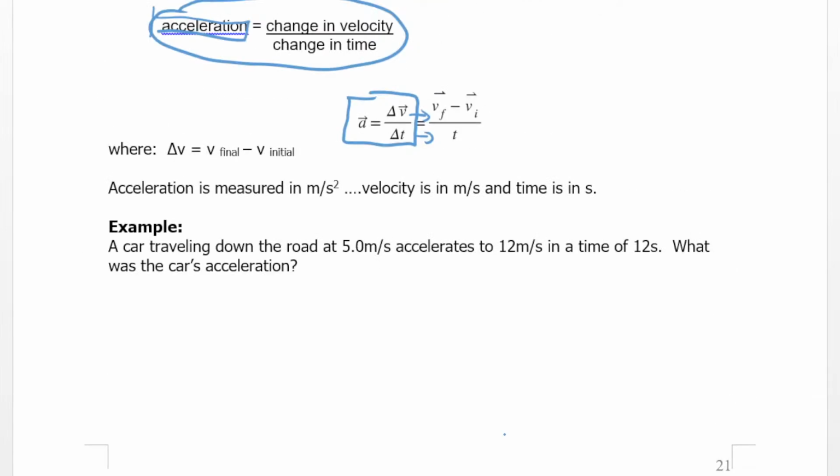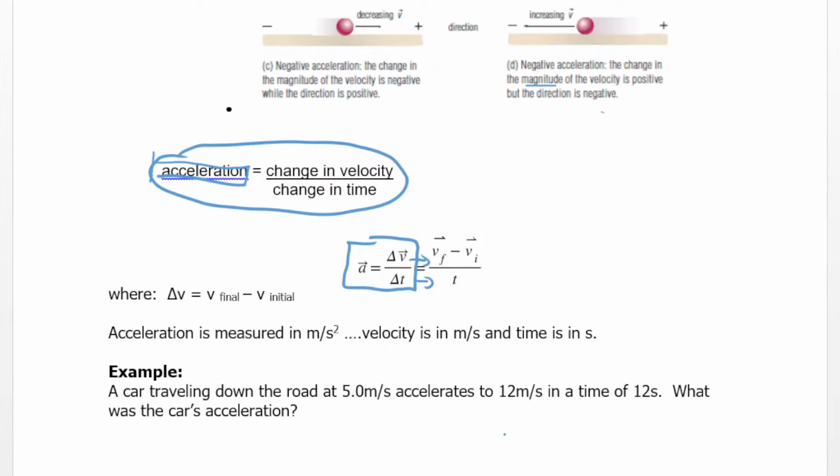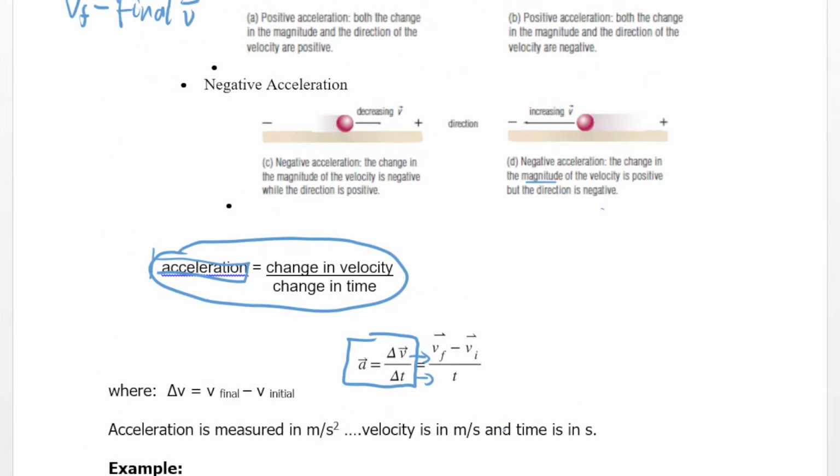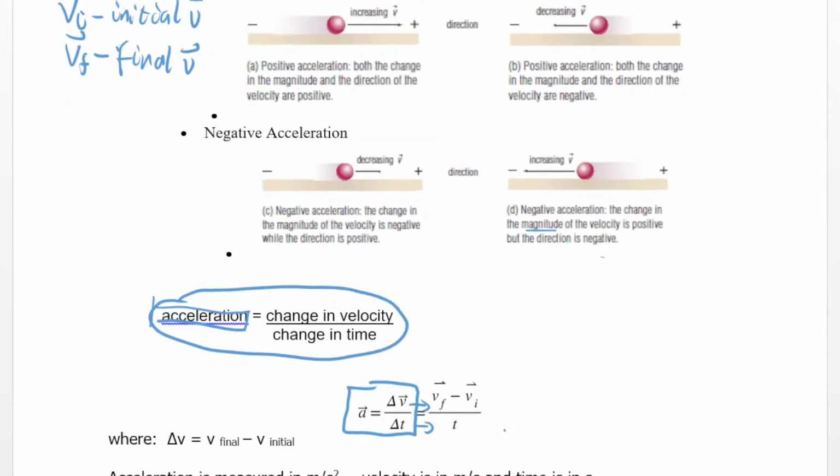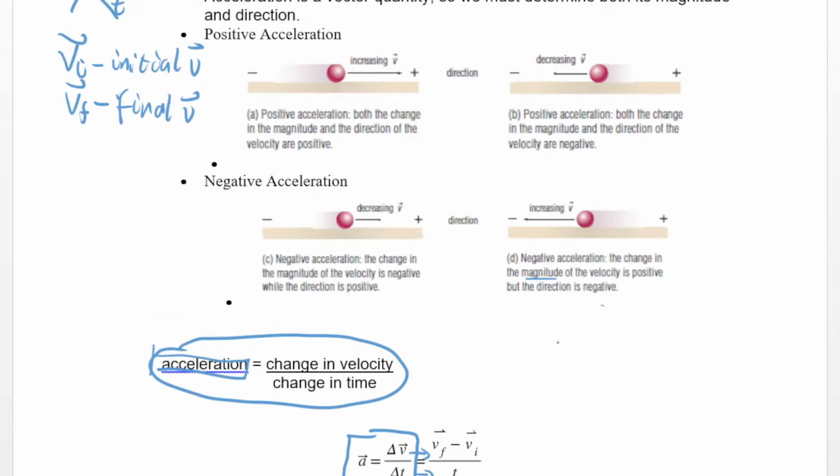Now, what I actually do want to go over is the concept of speeding up and slowing down. It's a very common misconception that positive means speeding up and negative means slowing down. That is not true. You can have positive acceleration and be slowing down, and negative acceleration and be speeding up. Remember, positive and negative is direction. It's not about speed.